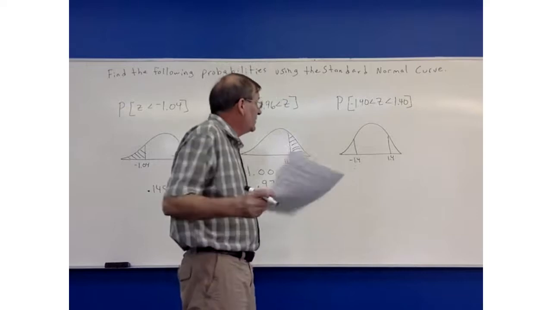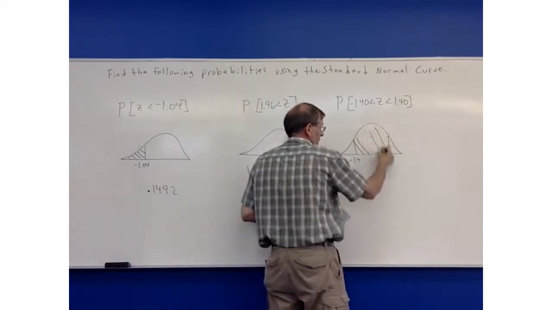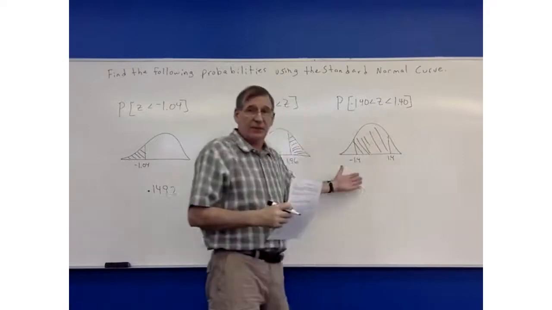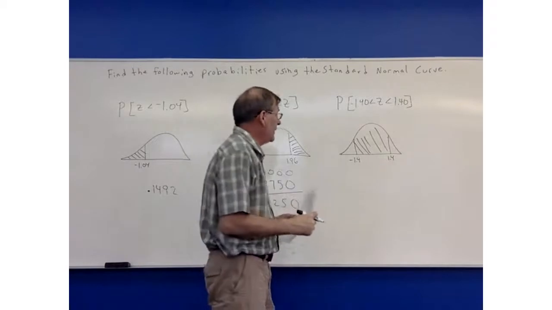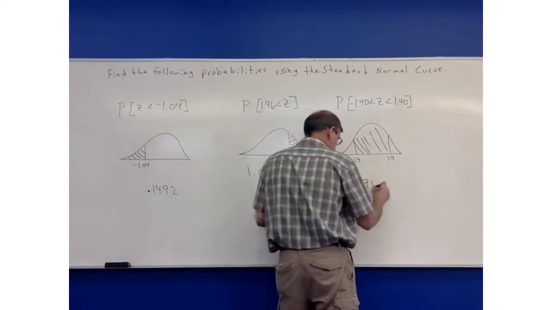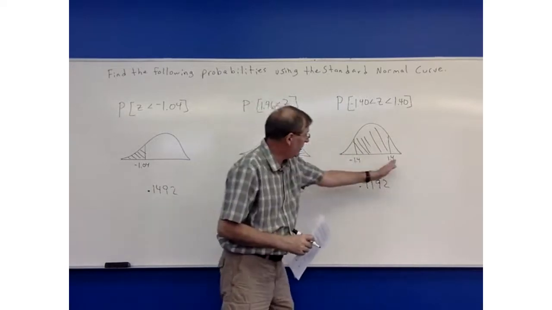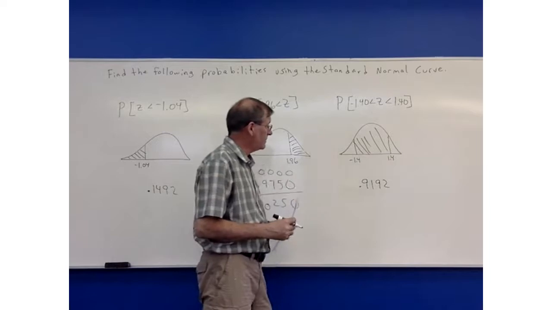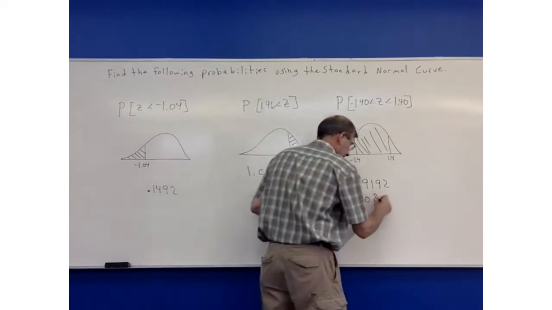Now, let's look at this. We want the z-values that are bigger than this and smaller than this. That's an in-between. Find the area between those two numbers. So here we look at 1.4, and that gives us 0.9192. That gives us the area all the way from here, all the way over here. Now we look at negative 1.4, that gives us 0.0808.